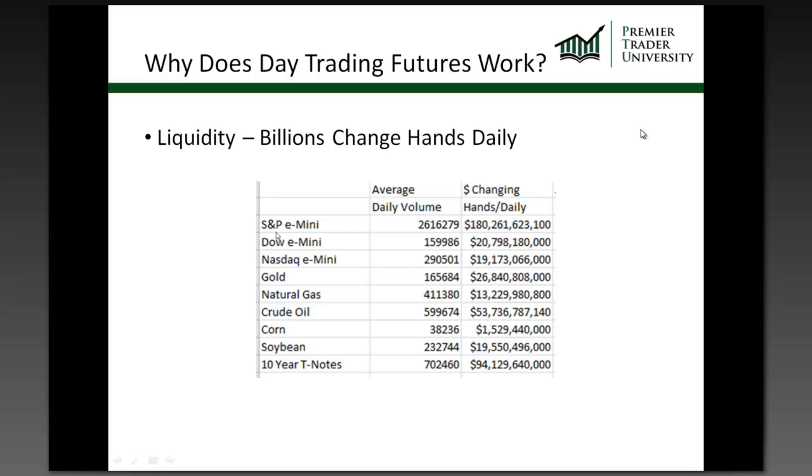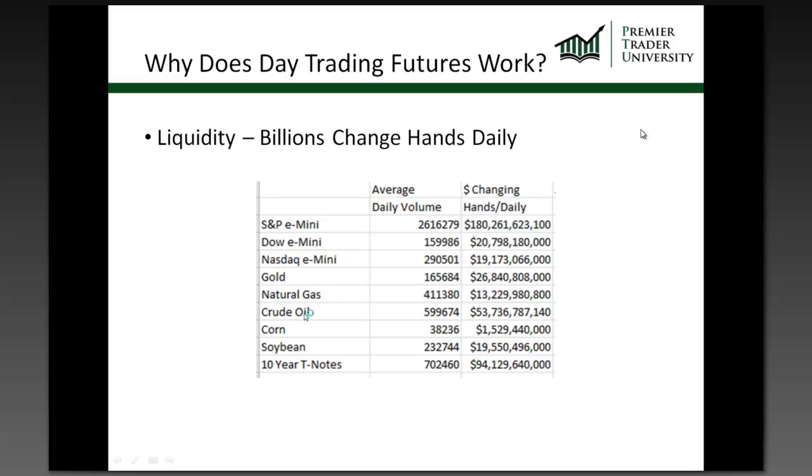So on the S&P E-mini, each and every day, this is average, 2.6 million contracts change hands, roughly 180 billion in value. The Dow E-mini, great market for a brand new trader, 160,000 contracts, 20 billion in value.